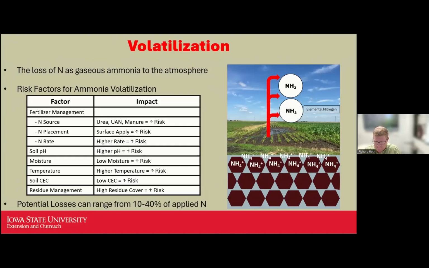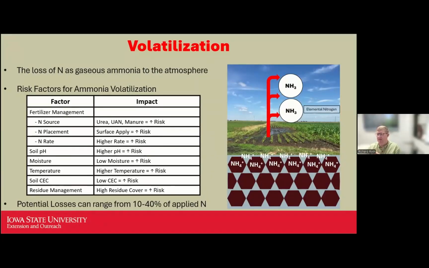Placement: if you surface apply, you're at highest risk. If you incorporate, your risk drops dramatically. Obviously, the more you put out there, the more ammonium is available to volatilize. Things like pH, temperature, moisture, CEC, and residue management can all contribute to increased volatilization risk.